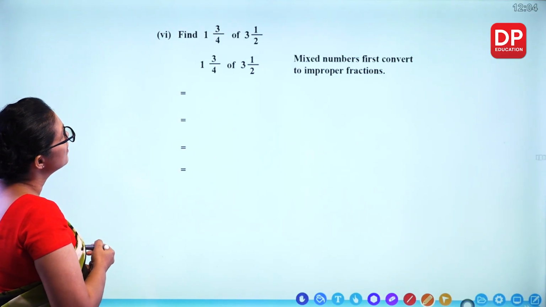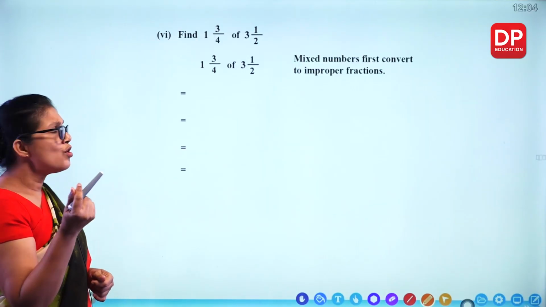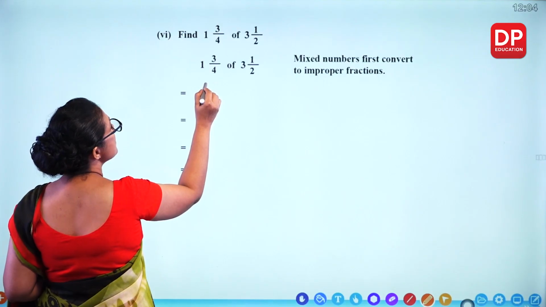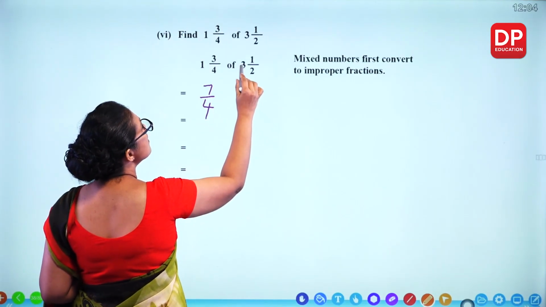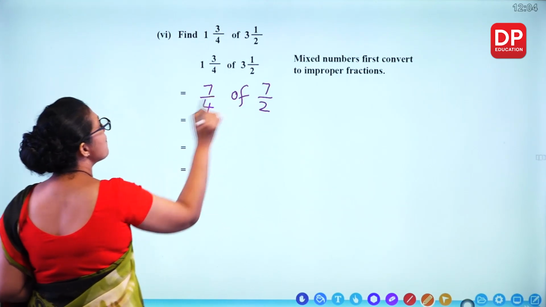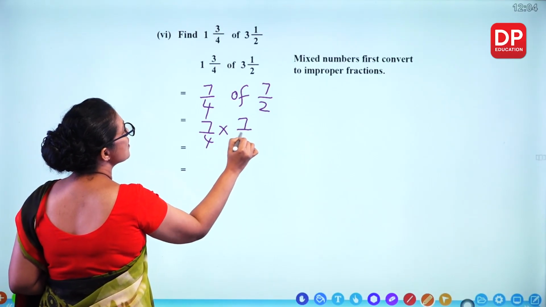This one, mixed numbers are there. So you need to convert to improper fractions. 4 times 1, 4 plus 3, 7. This one, 7/4 of 7/2. What do you do? Of means multiplication.